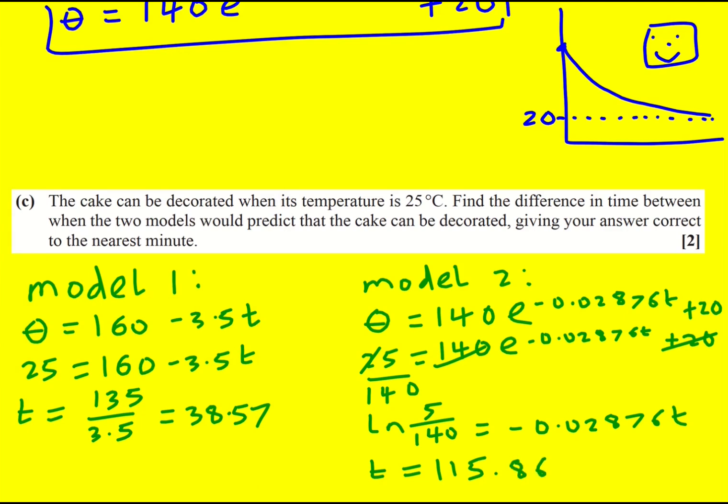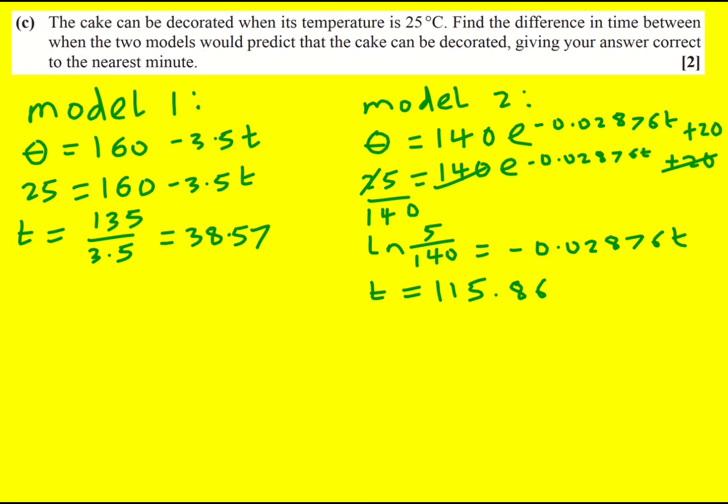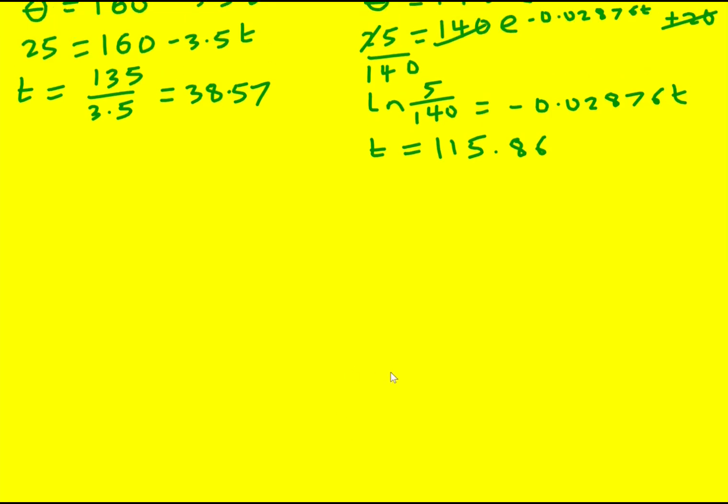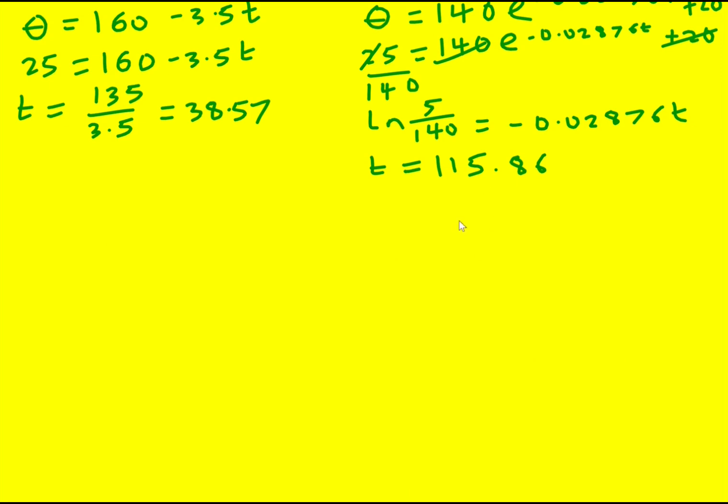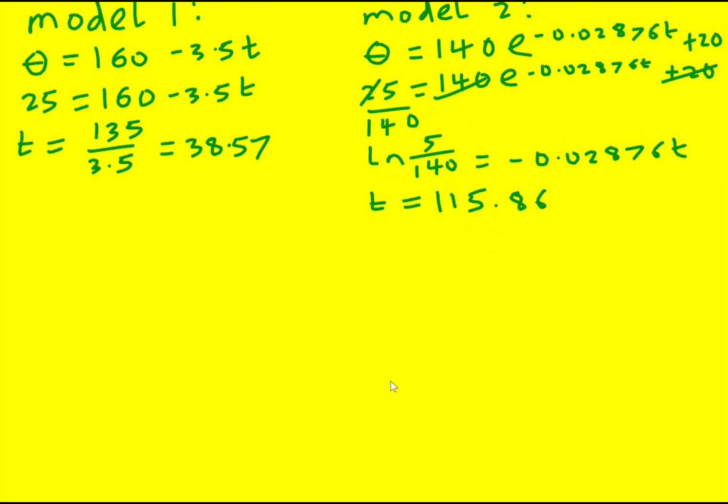Again, I'm nearly there. Just got to work out the difference in time. So obviously the first model, just this linear decrease, quite quick, took 38 or 39 minutes. The other one with the exponential decrease goes down quickly, but it sort of flattens off as we go along. It takes a lot longer to get to 25 degrees Celsius.